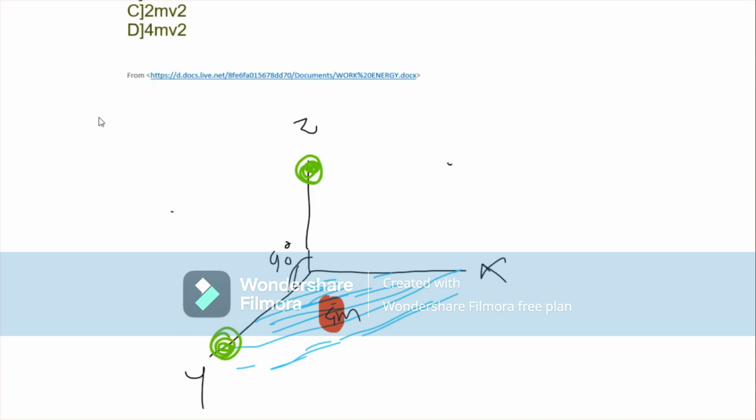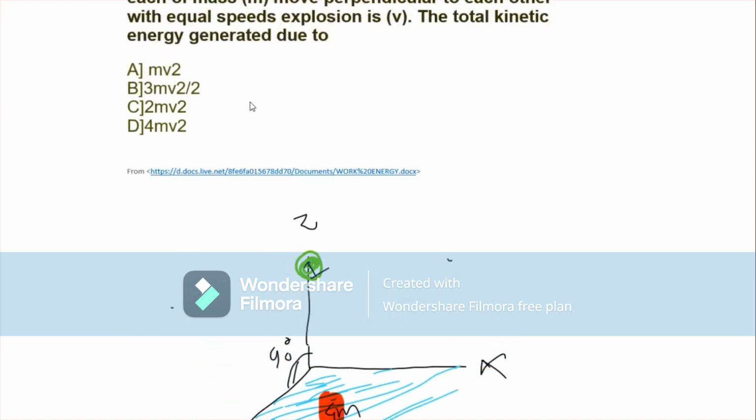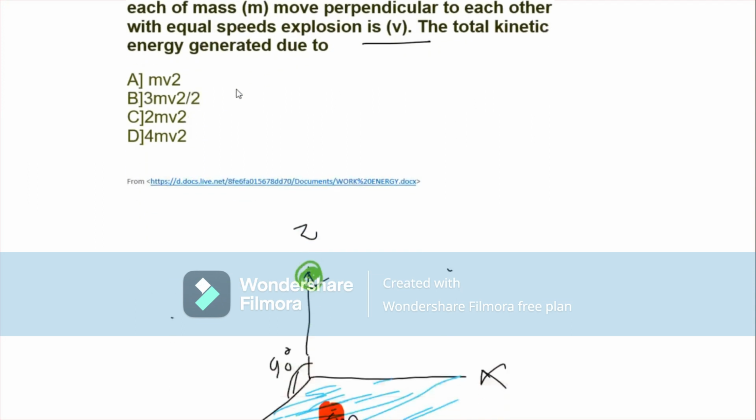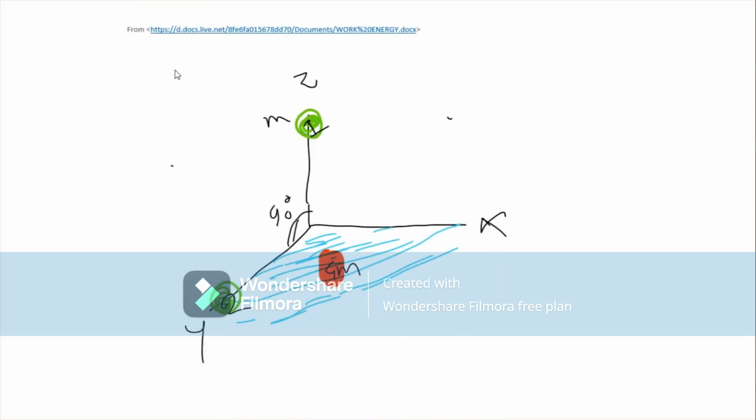Okay, so for this object let's take this is 1, this as 2. So they both fly perpendicular to each other with equal speed, that is v, and same mass. Okay, their mass also is same, that is m, this is also m, and the velocity is also same, this is v, this is also v.